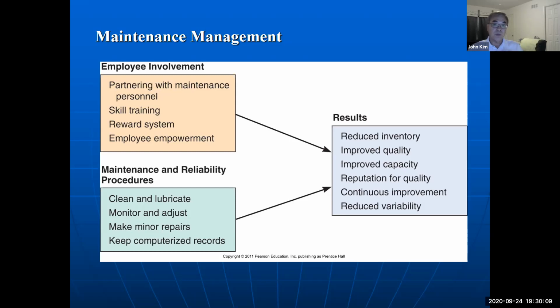So we need a kind of training: for a certain symptom, use this solution, fix it, and like that. And then sometimes a reward system is needed, and employee empowerment.